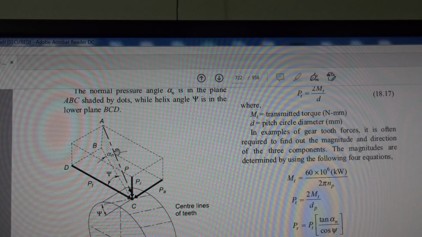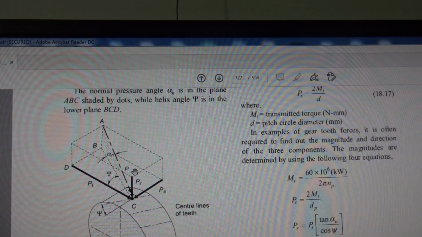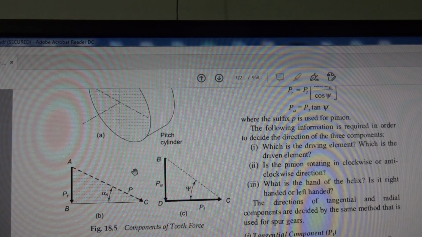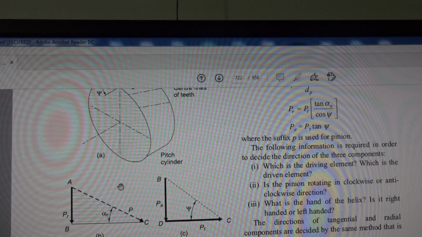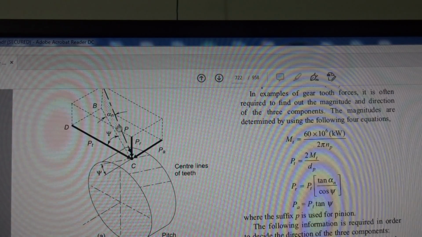So P can be resolved into components. From this figure, there are two diagrams shown separately. First, this triangle ABC is shown, where this is P and this one is PR.